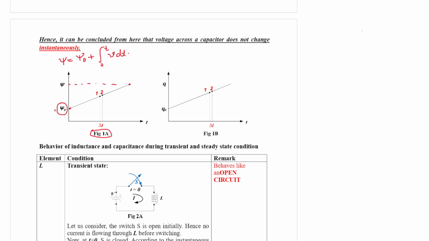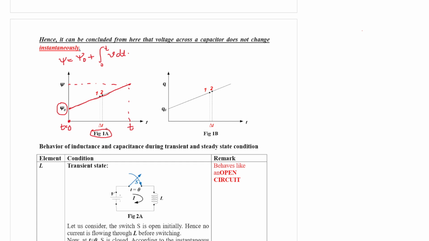So we have initial flux linkage psi 0 at t equal to 0, and we have final flux linkage psi after some point of time. From 0 to t seconds we have flux linkage from psi 0 to psi, and from this equation we can understand that it will follow a linear curve, like this.